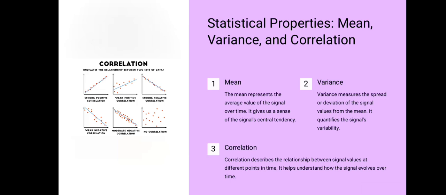The variance measures how much a signal deviates from its mean, helping us understand its spread. And the correlation function shows how signal values at different time instances are related. This is useful in analyzing signal patterns and predicting future values.